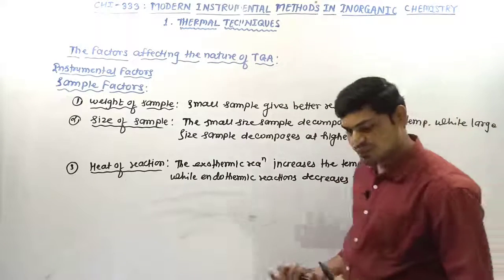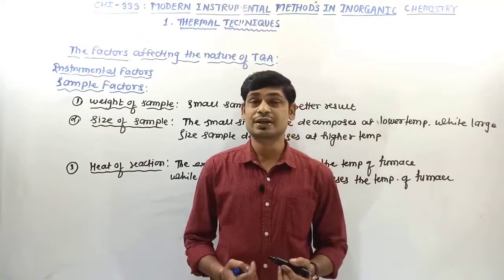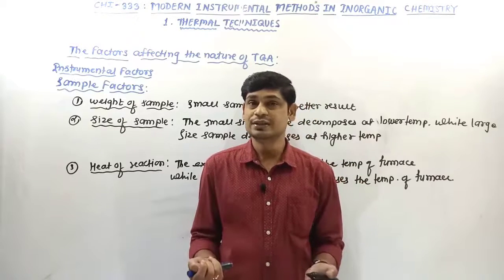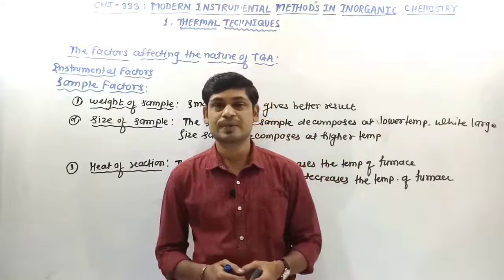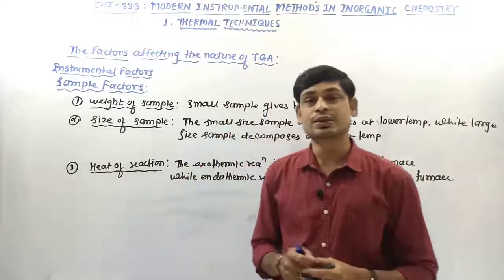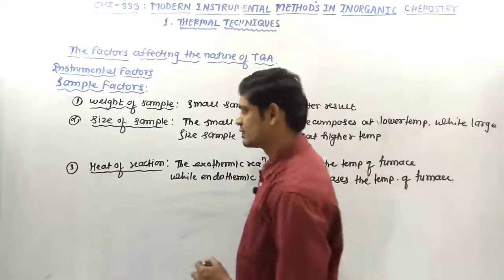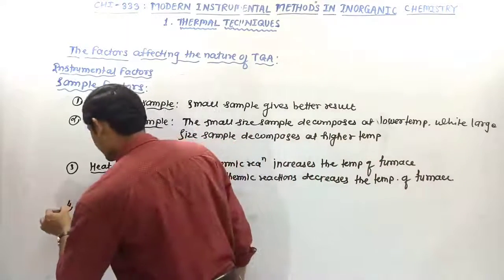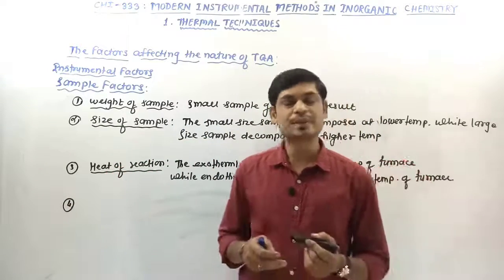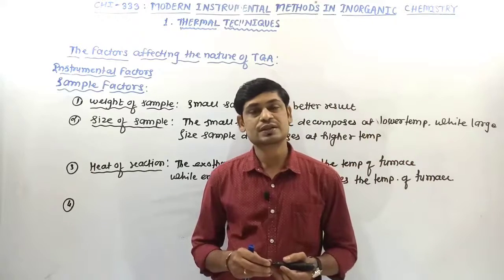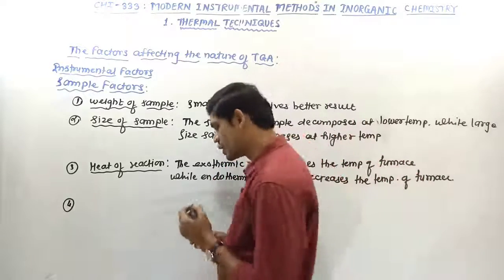And we know that once the furnace temperature is affected, it will have a consequence on the thermogram, that is the thermogravimetric curve. Okay. Now the next one, the fourth factor, which belongs to the sample category, is compressed size particles or sample.